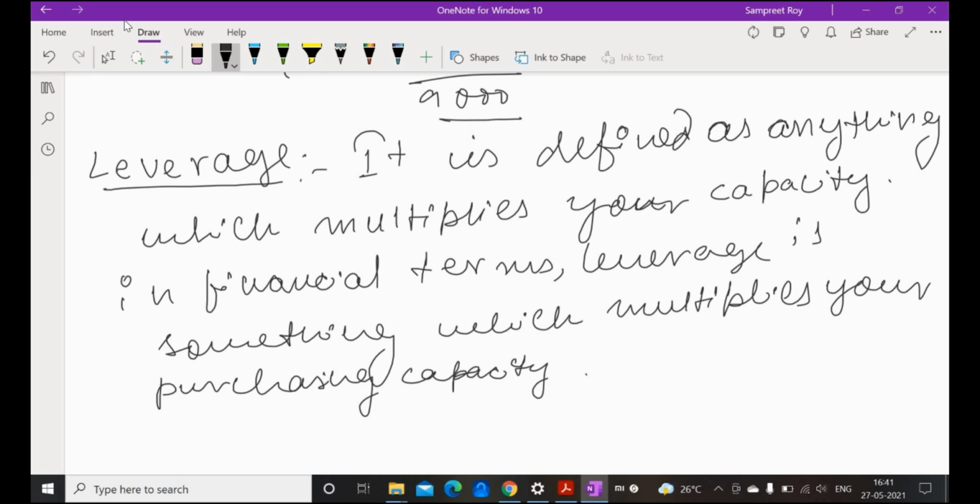And in financial terms, leverage is something which multiplies your purchasing capacity.